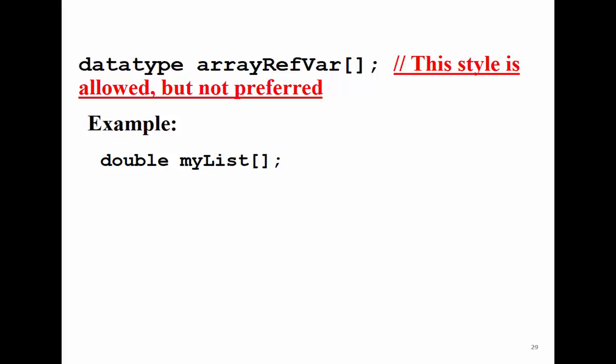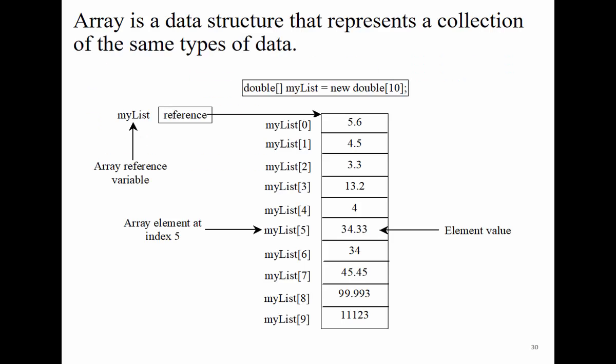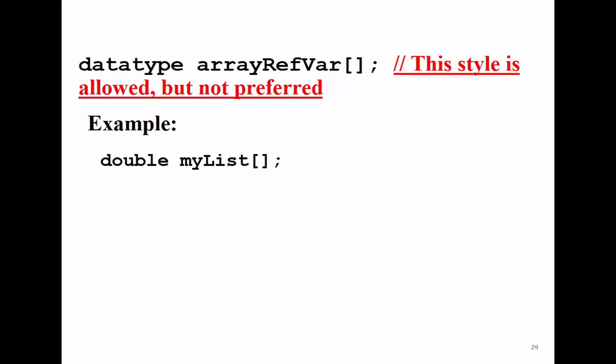Data type, array name, this style is allowed, but not preferable. So you can define an array by putting the square brackets after the name. This style is acceptable by Java, but is not preferable. Okay? So keep this in your mind. This style is not preferable, even if it's acceptable.